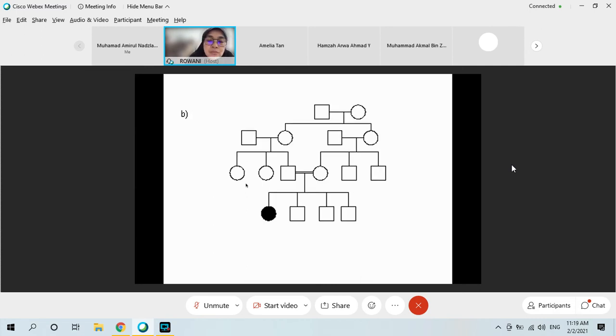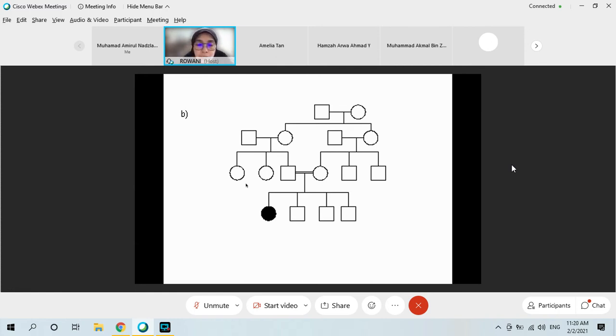Then we look at this figure. Say I just say that this is a genetic disease, because we have done whole genome sequencing and we found that there is a genetic defect. So you look at this pedigree.